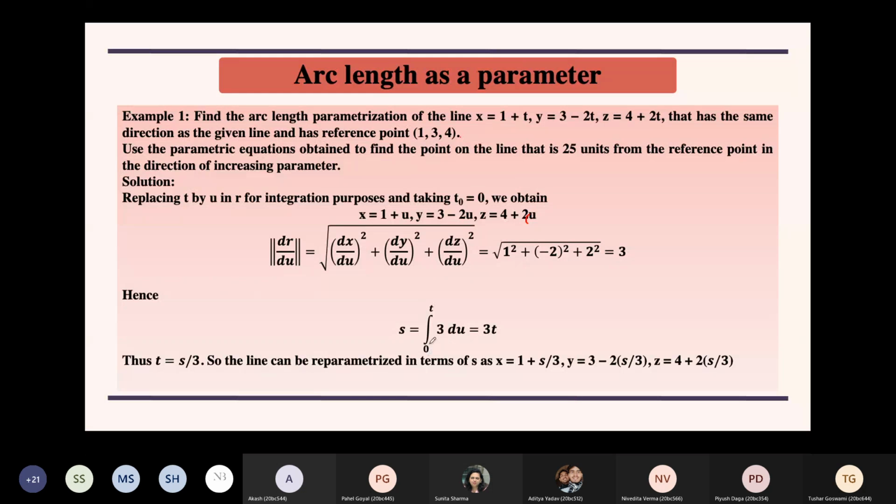So the integration of the arc length, this norm expression. When we integrate, we'll get 3u, and when we put the limits 0 to t, we'll get 3t. So from this we get t is equal to s by 3, and so you can write the parameterization like this, or the coordinates of any point can be written in terms of s like this.